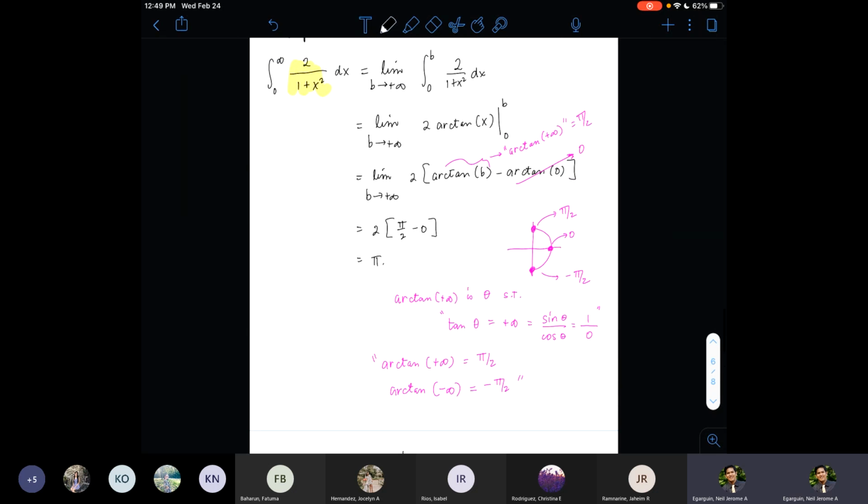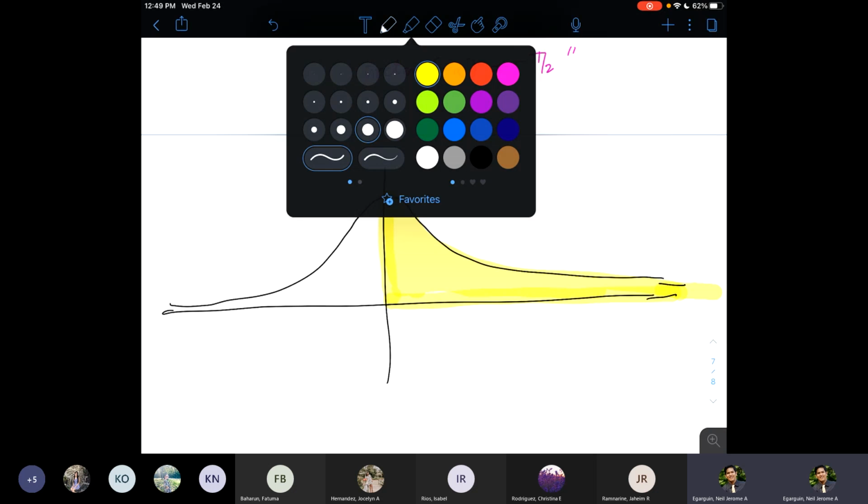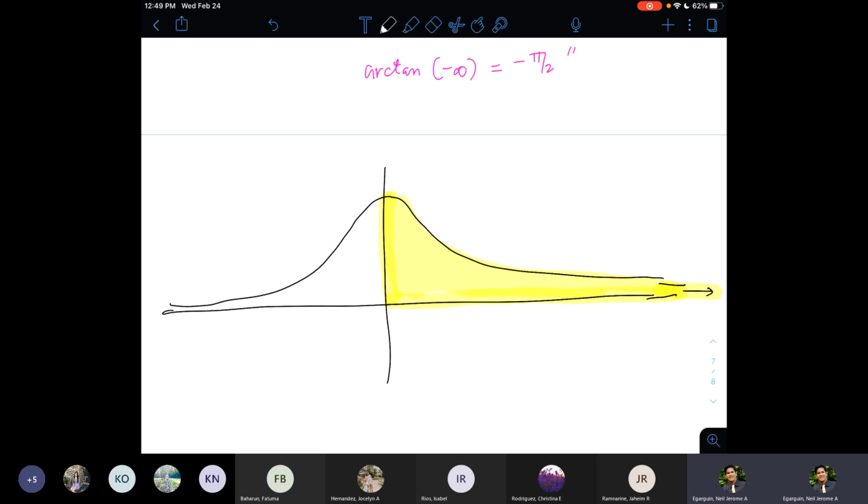And the integral from 0 to positive infinity represents the area of this shaded region. And look at this. This is pretty much unbounded because we go to positive infinity. This shaded region goes on forever.